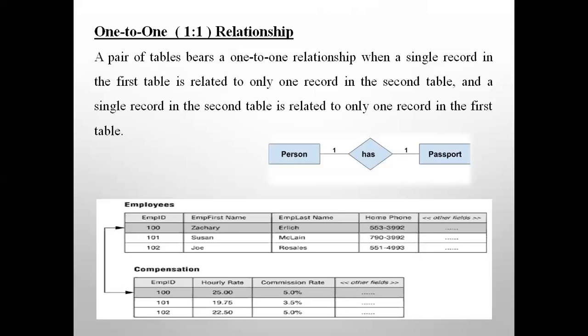But we can make another table for passport also separately, because the passport number may be sensitive data and should be hidden from certain users. So by making a separate table, we provide extra security so that only certain database users can see it. This kind of relationship can be implemented in a single table and therefore does not use a foreign key. So this is the one-to-one relationship.